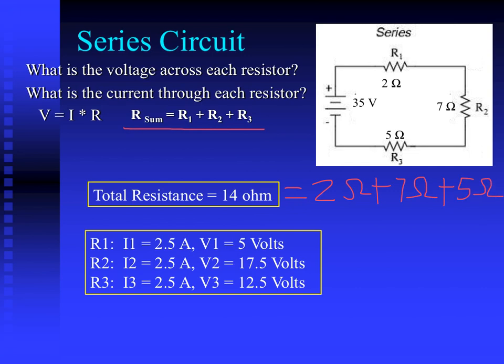Now, from that, using Ohm's law and solving for current, the current in the circuit would equal the voltage divided by the resistance.